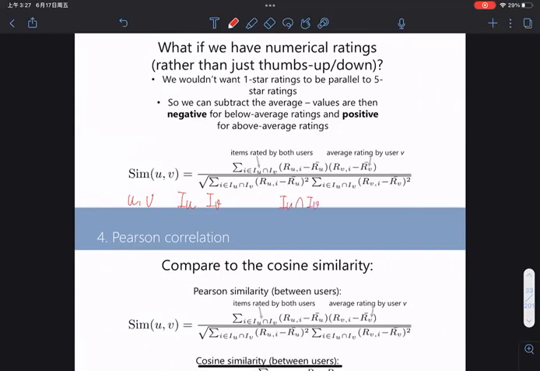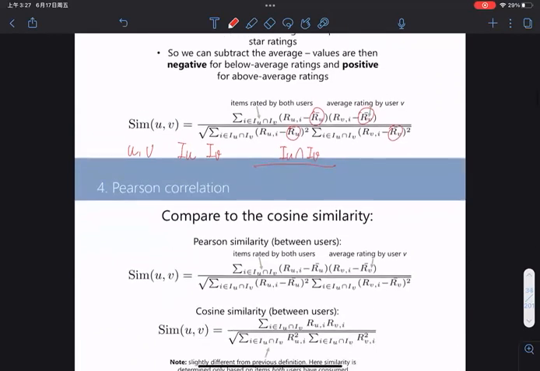And before we directly use the value in the matrix R, we need to subtract the average value right here. And for the denominator, we are going to do the same thing. Before we calculate the norm value, we need to subtract the average value. So this is the equation for the Pearson similarity.